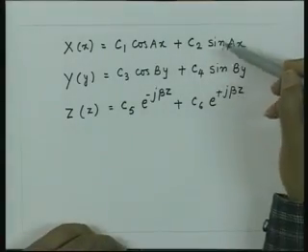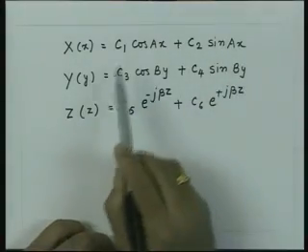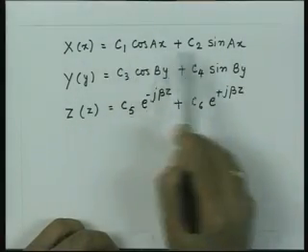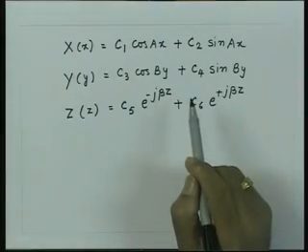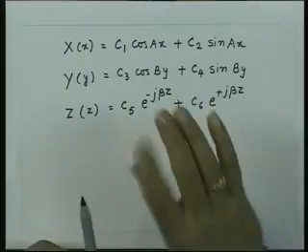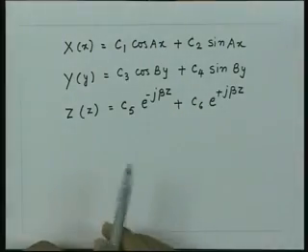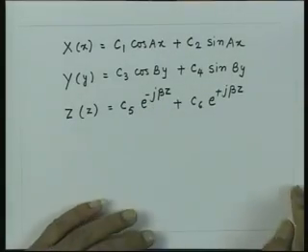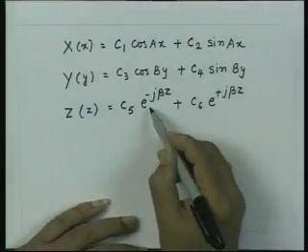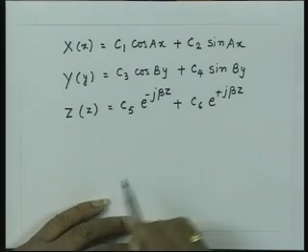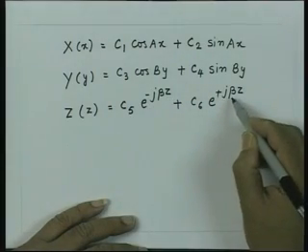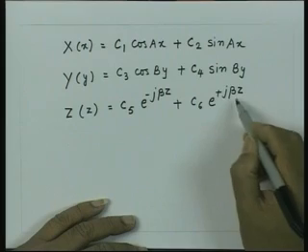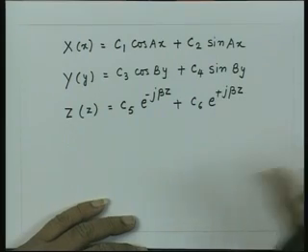So, note while writing these solutions, these functions which are the cos and sine functions, they show amplitude variation, which is the standing wave kind of behavior. Whereas, if I look at this quantity e to the power minus j beta z, that represents a travelling wave in positive z direction. If I consider e to the power j beta z quantity, that represents a travelling wave which is in negative z direction.